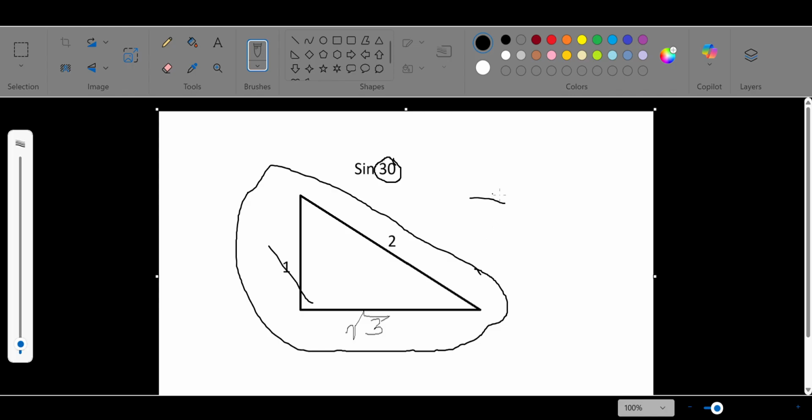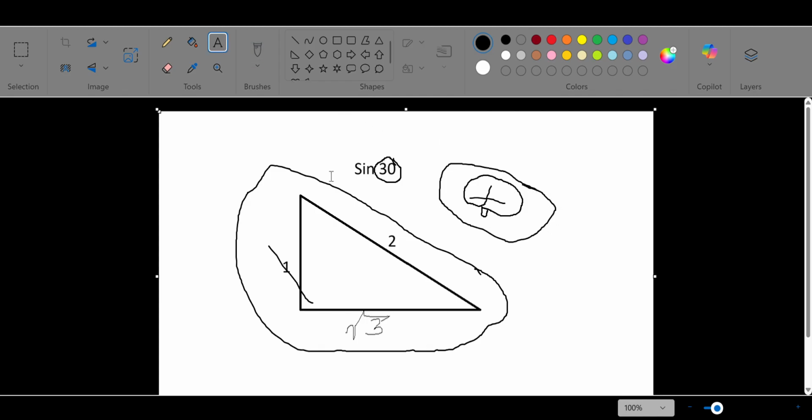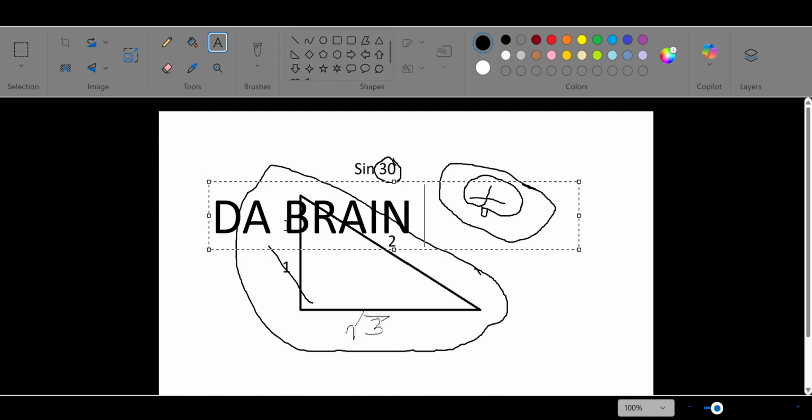Now let us go to the one and only. So this will teach you to use the brain. Emphasis on the brain. So this triangle actually comes in handy a lot.